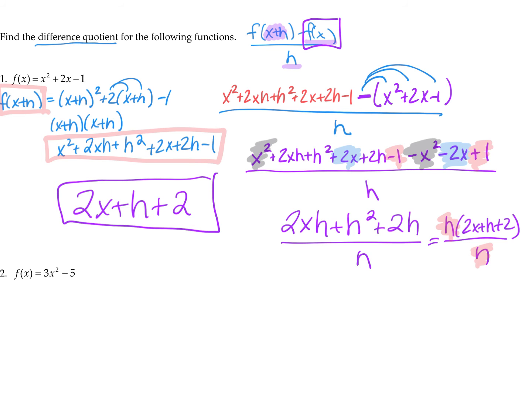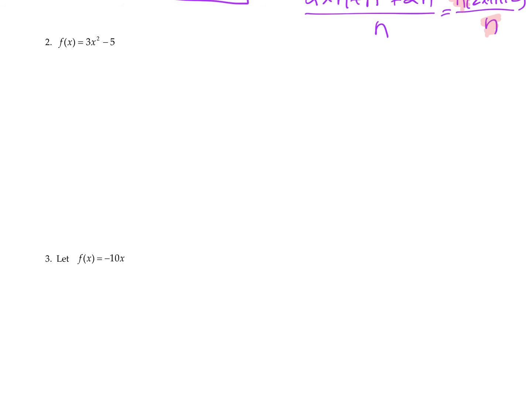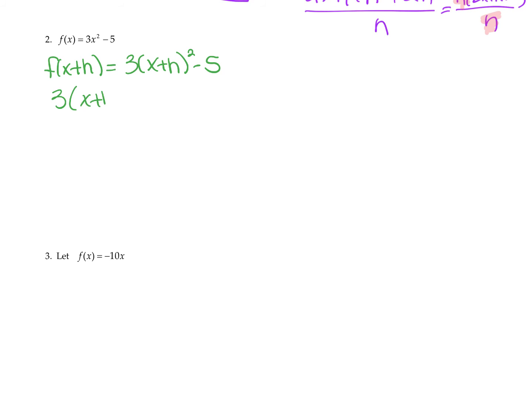Let's give this a try with the next example. So first I want to find f of x plus h. So I'm going to plug in x plus h in for x. I'm going to quickly simplify this.